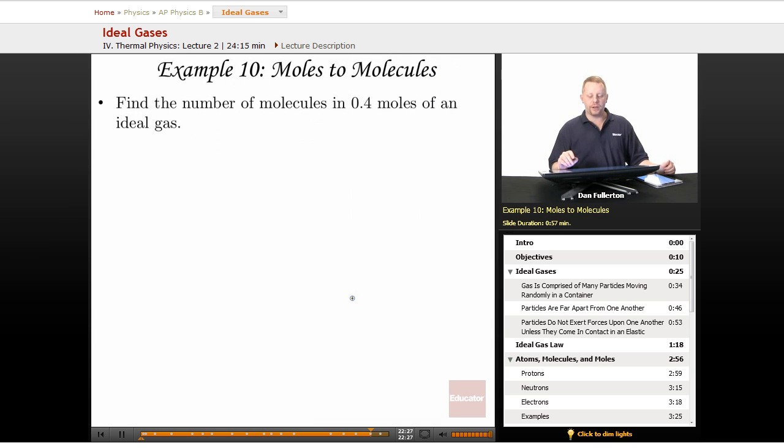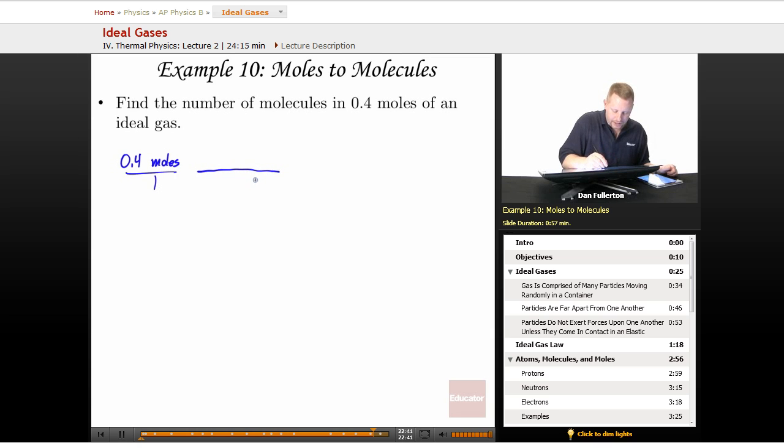Find the number of molecules in 0.4 moles of an ideal gas. All right, a conversion problem. 0.4 moles, and we want to convert this into molecules. All right, so I'm going to multiply. I want moles to go away, so I'll put that in the denominator so they make a ratio of 1 and cancel out.